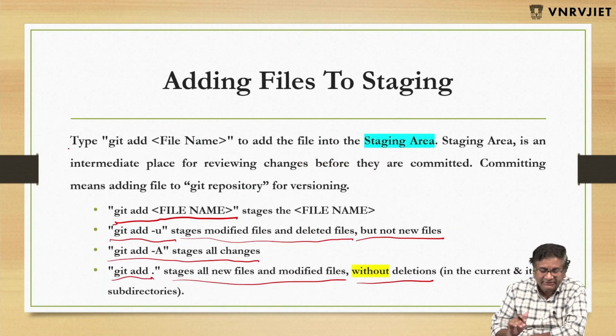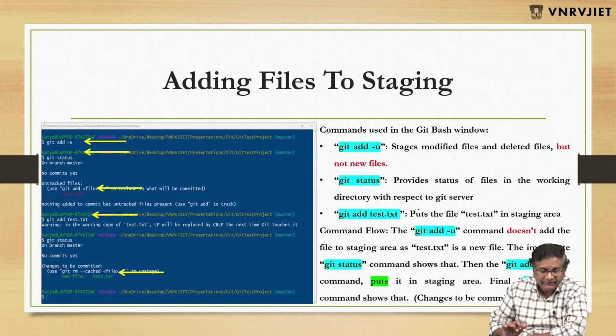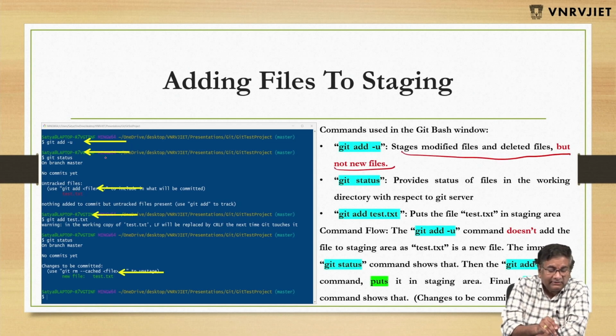Now -u stages modified files and deleted files, but not new files. So even though it doesn't say anything after typing git add -u, when I say git status, it shows that it is still untracked. The file is still untracked. That means it did not add that file. Makes sense? So that's why it's doing it.